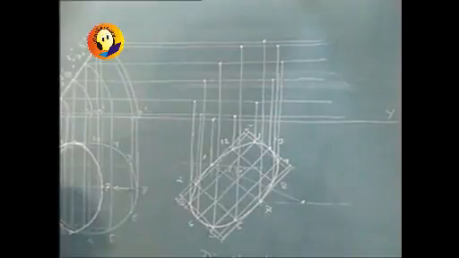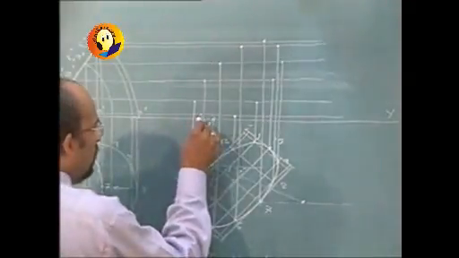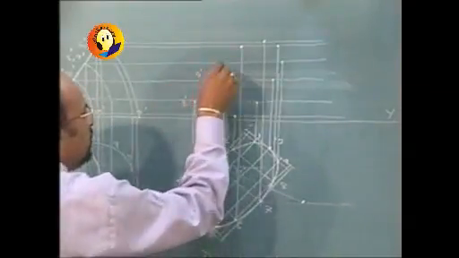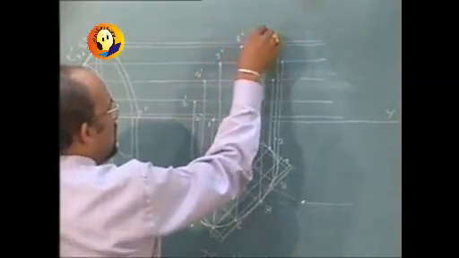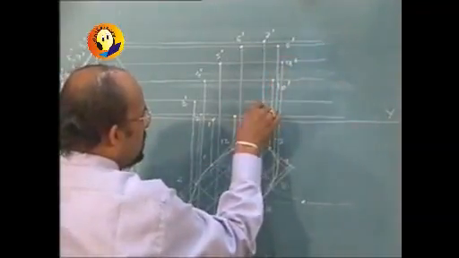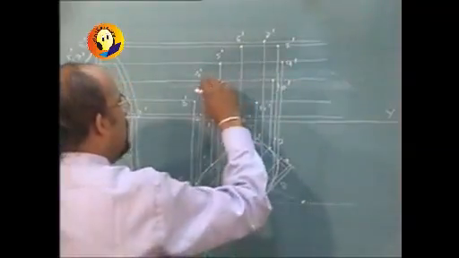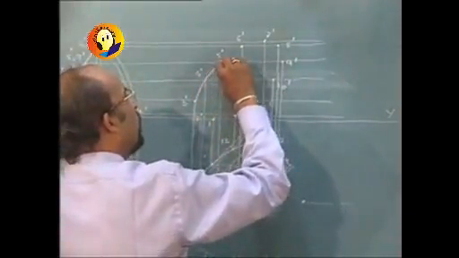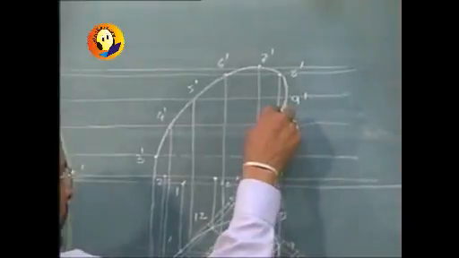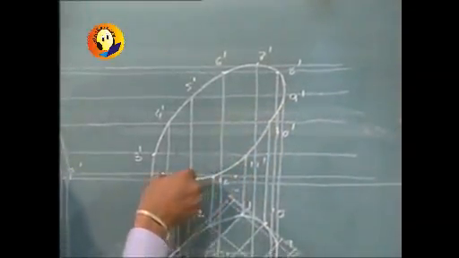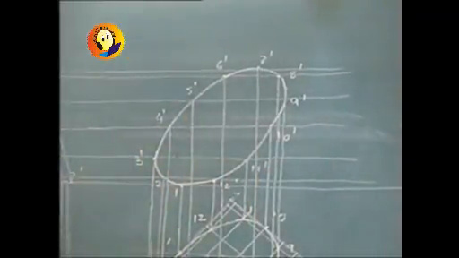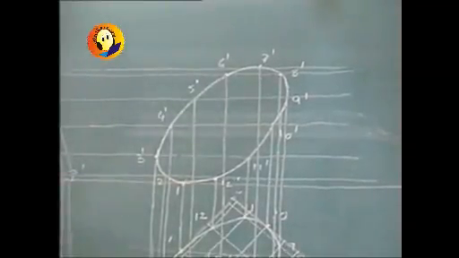So we will be getting the 12 points, starting with point number 1, then point number 2, 3, 4, these are all elevation points, 5 dash, 6 dash, 7 dash, 8 dash, 9 dash, 10 dash, 11 dash and 12 dash, which are to be connected using French curve by a smooth curve, and then we will complete the problem.